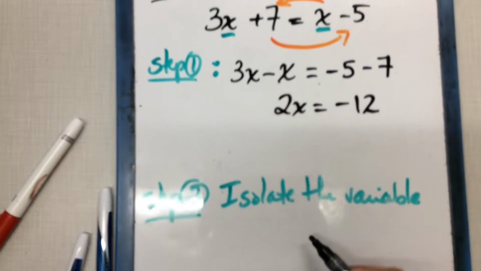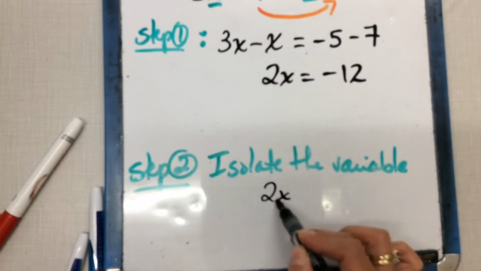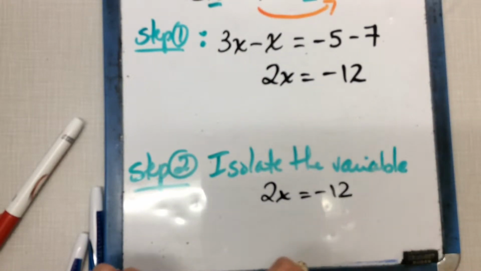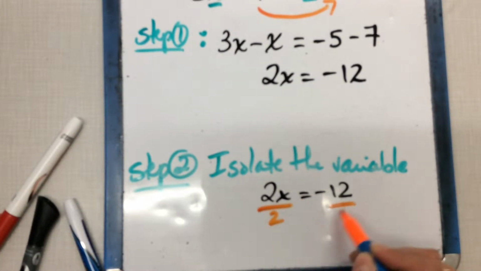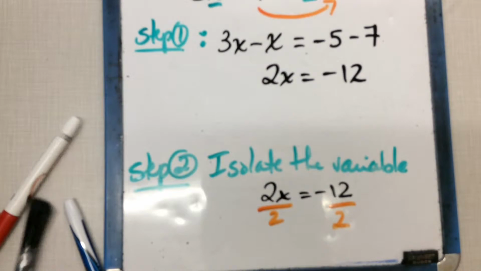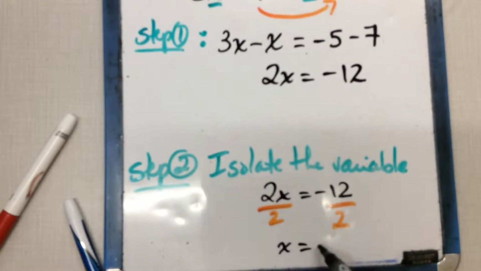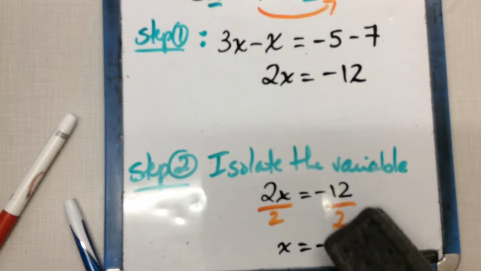And so now to isolate the variable, 2x is equal to negative 12. The next thing would be to divide by 2 on both sides, and this results with x equals negative 6. There we go.